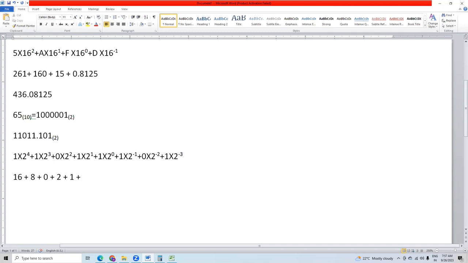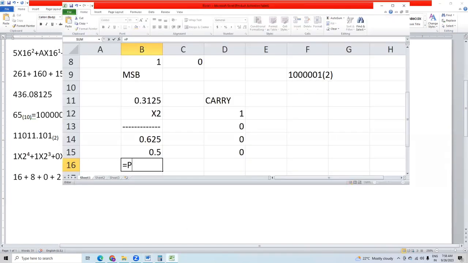1 into 2 raised to minus 1. So 2 raised to minus 1 is 0.5. Multiplied by 1 is 0.5. Right. Plus 0 only. Plus 1 into 2 raised to minus 3. So here in Excel I am calculating 2 raised to minus 3.